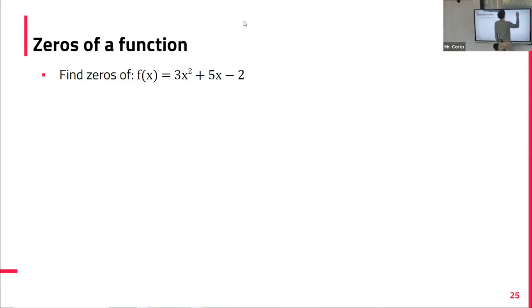All right, so you think it's -2 and 1/3. If you're online and you have other guesses, other solutions, you can write them in the chat.